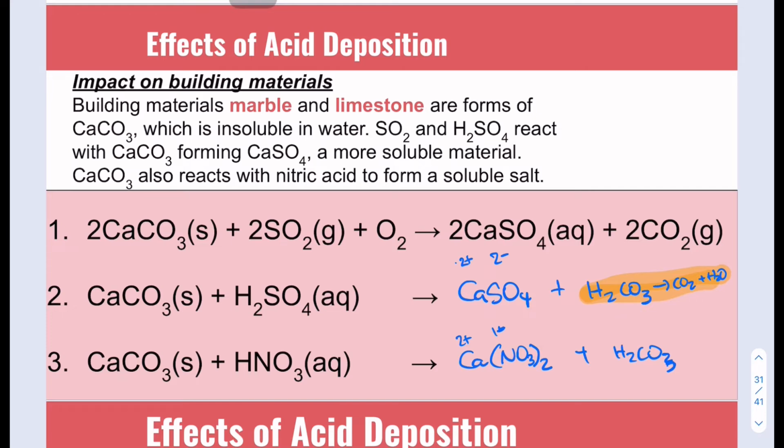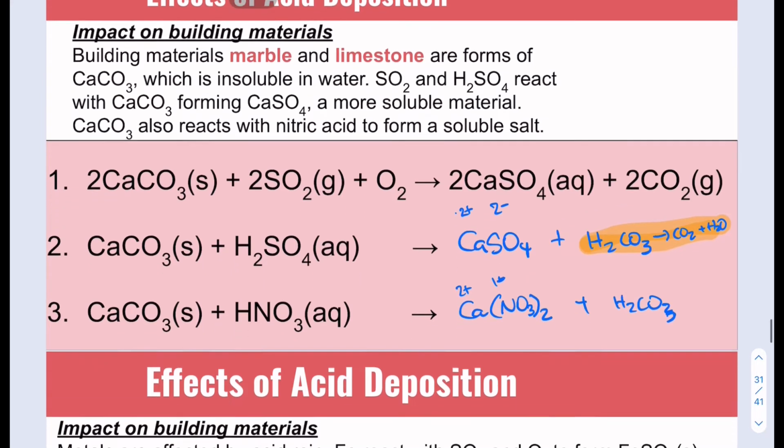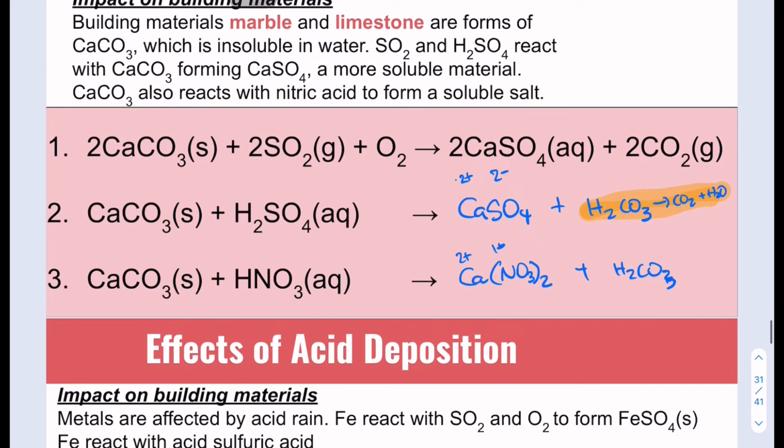And then if rain comes on a different day with calcium sulfate there, it will just dissolve and be washed away very, very easily. Okay, this is why a lot of marble statues or marble building materials, you find that they are getting etched as rain falls on them because the rain has become more acidic.